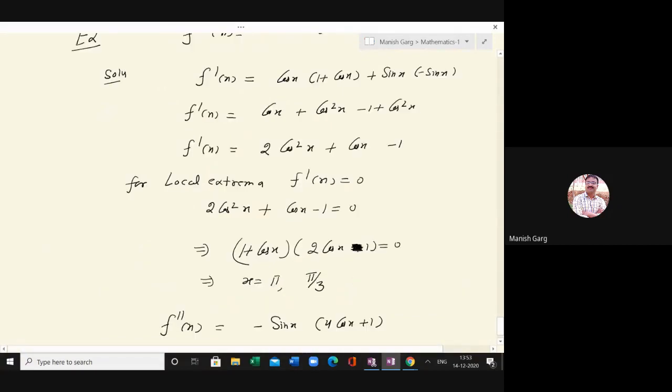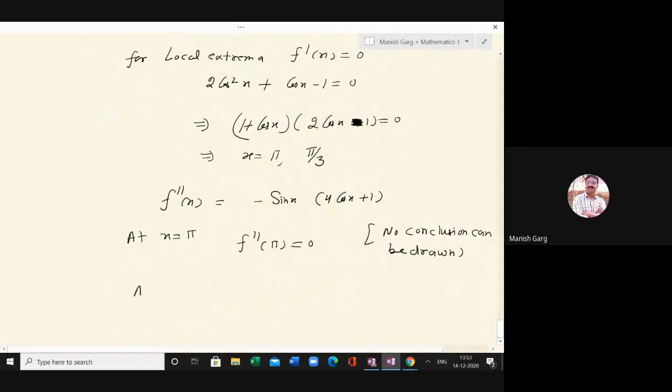Oh, sorry. At x is equal to pi by 3, f double dash pi by 3: please check the value, it has a minus sign, root 3 by 2, and 2 cos pi by 3 is 1 by 2, I think it is coming 3. So this is minus 3 root 3 by 2, which is less than 0.